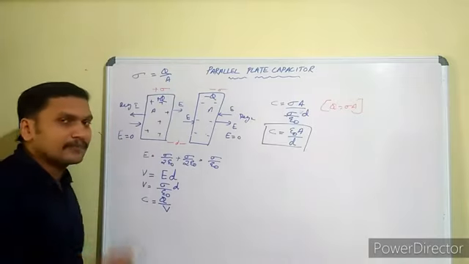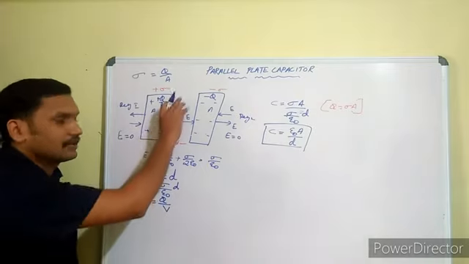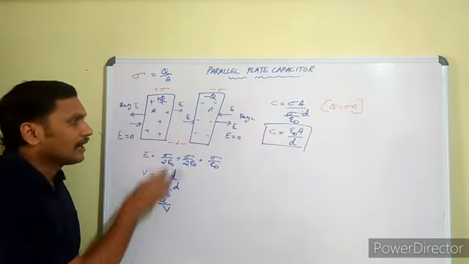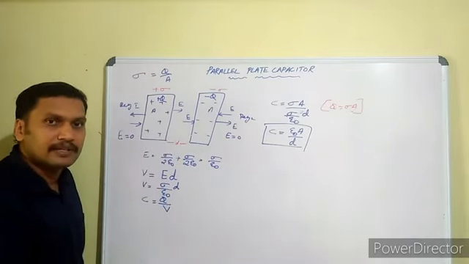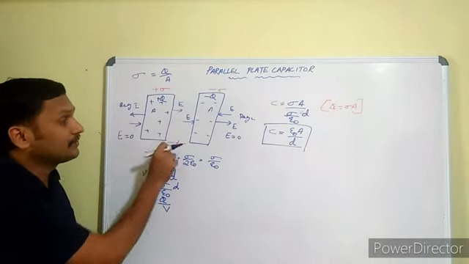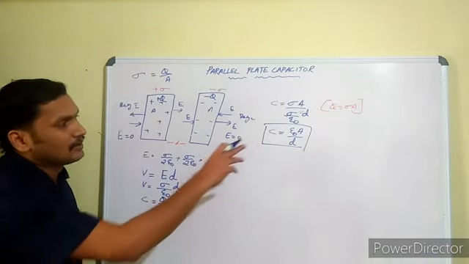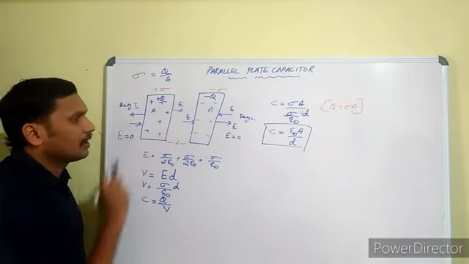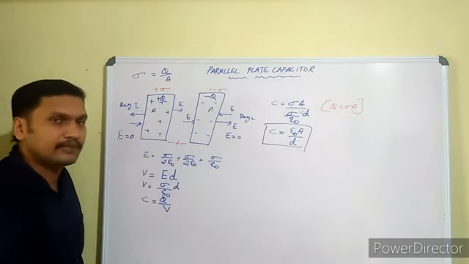If there is no dielectric medium, no insulator or material medium, we have a vacuum between the plates. Vacuum is also a dielectric, so epsilon 0 is the permittivity of vacuum or free space. A is the area of the plate, divided by D, where D is the distance between the plates.